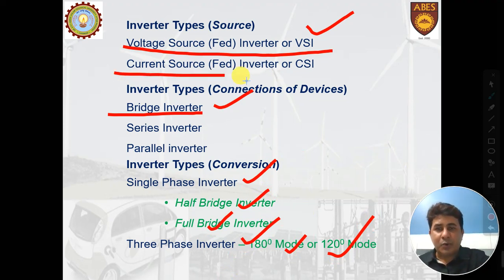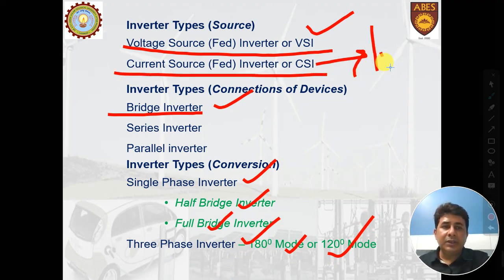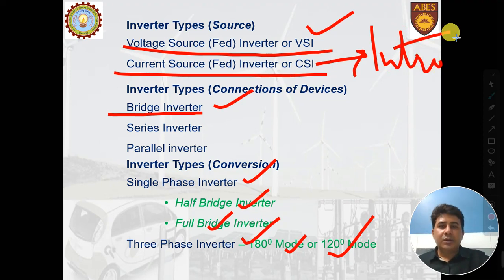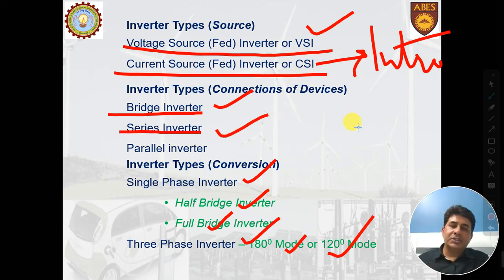I shall touch upon the intro of current source inverters. What are these inverters? How does it work? I shall discuss about the series inverters as well, how these inverters work. So in this complete chapter, except parallel inverter, I shall be discussing about all the inverters.